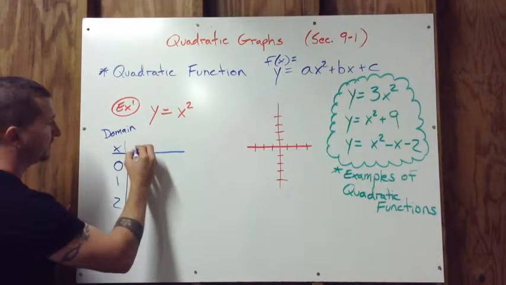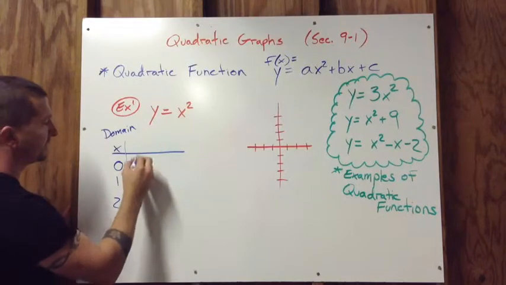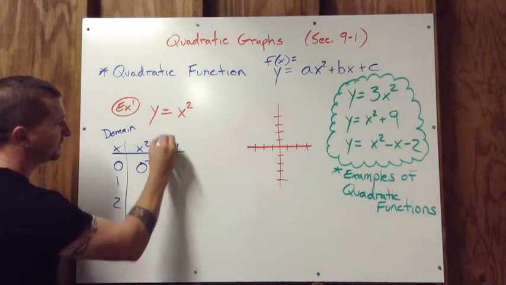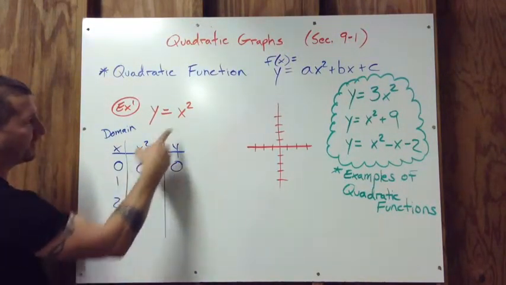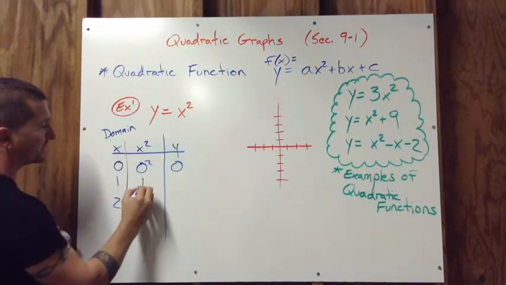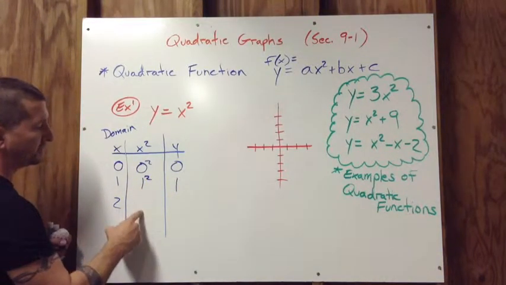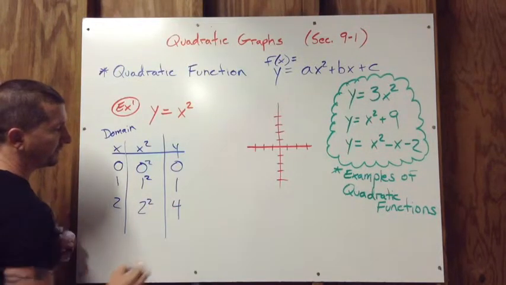Now, x squared, which would give us y, 0 squared is still 0. If we plug in a 1 for x, we have 1 squared, which equals 1. And if we plug in a 2 for x, we have 2 squared, which equals 4.